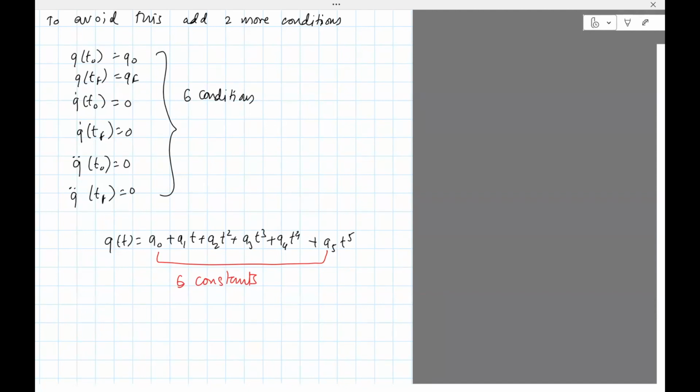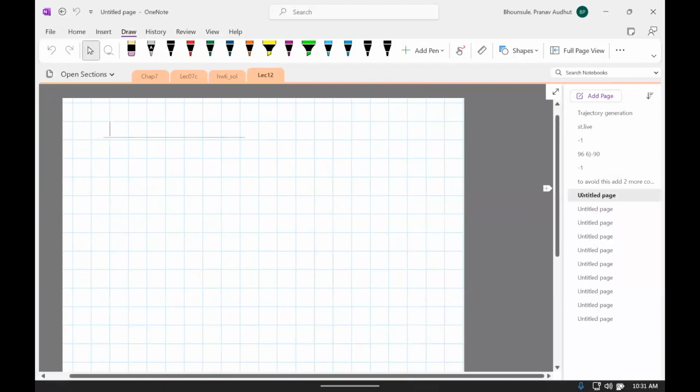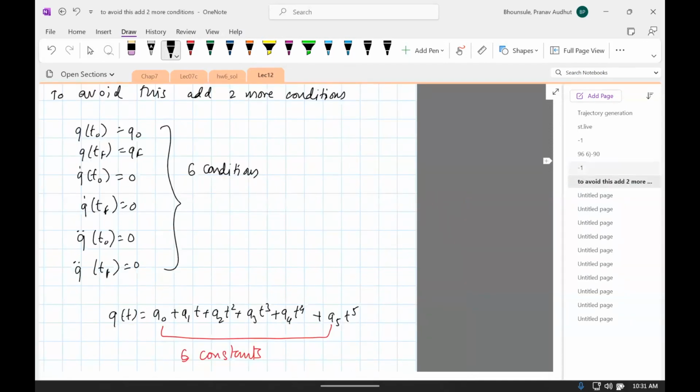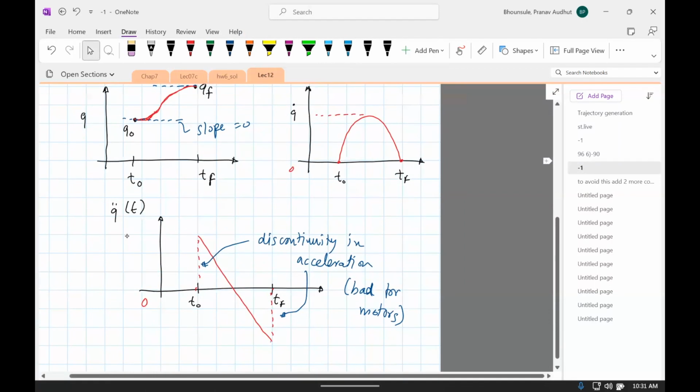We looked at the second derivative of q, and we saw there's a discontinuity, so we went for a 5th order polynomial of 6 constants.